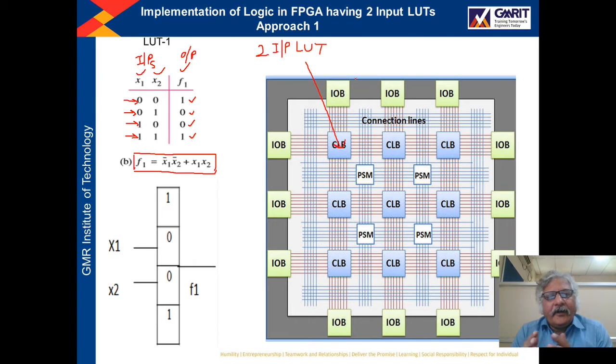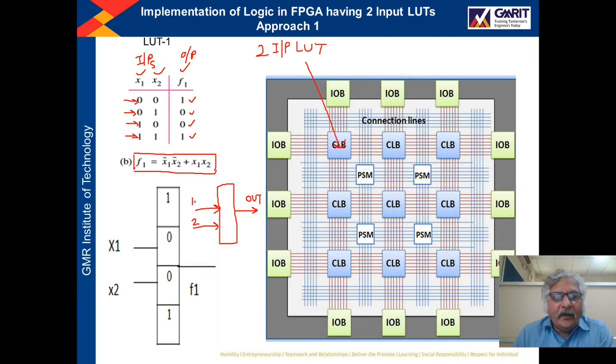So let us assume we have taken one FPGA in which all the LUTs are 2-input LUTs. So a 2-input LUT will be like this. Here there are the inputs to this LUT, input number 1, input number 2, and this LUT will have one output.